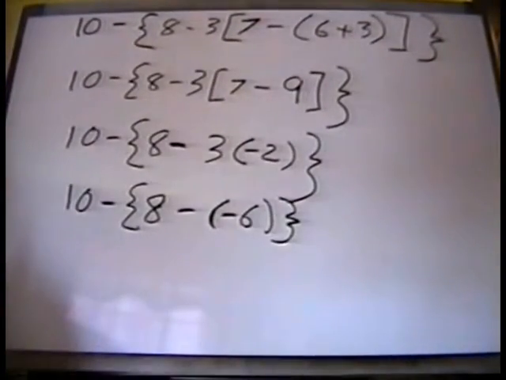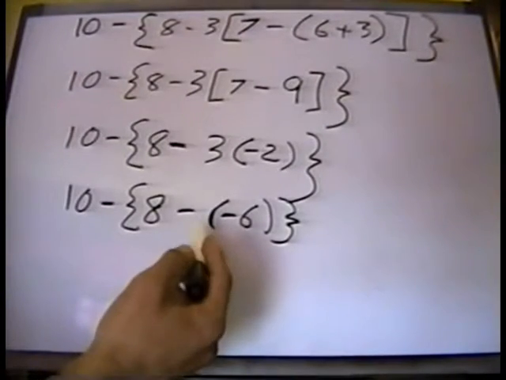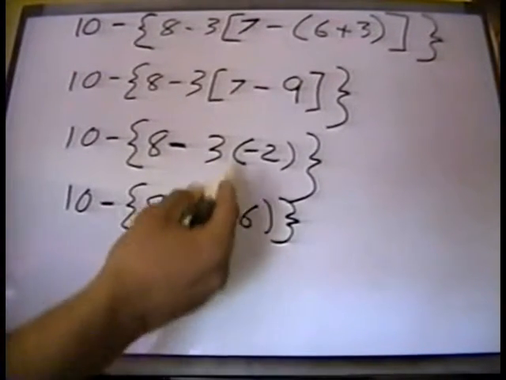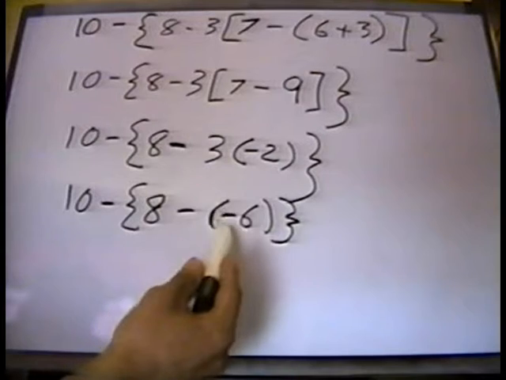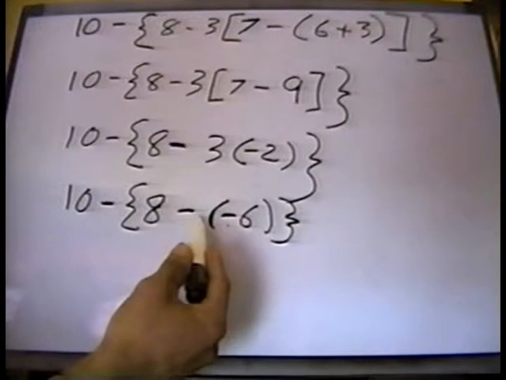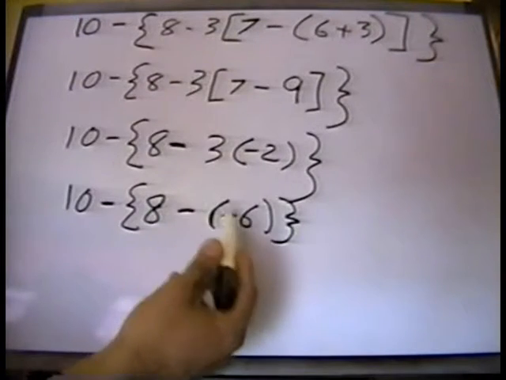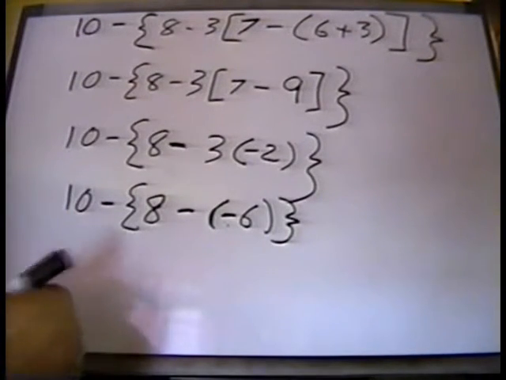We still have our brackets. Now here -6 is still in parentheses, so we still deal with this. -1 times -6, or 8 minus a -6, that's 8 plus 6.